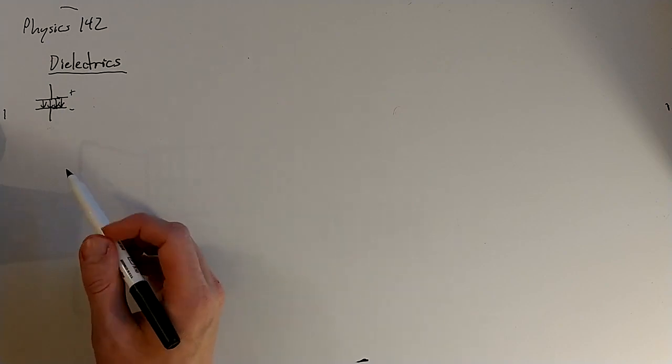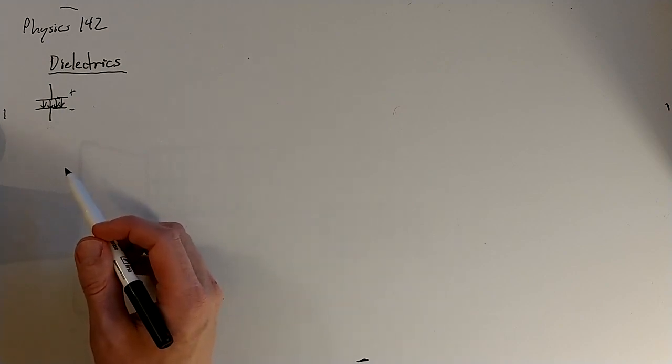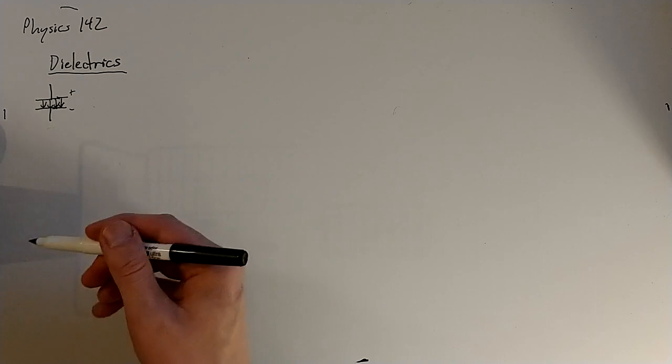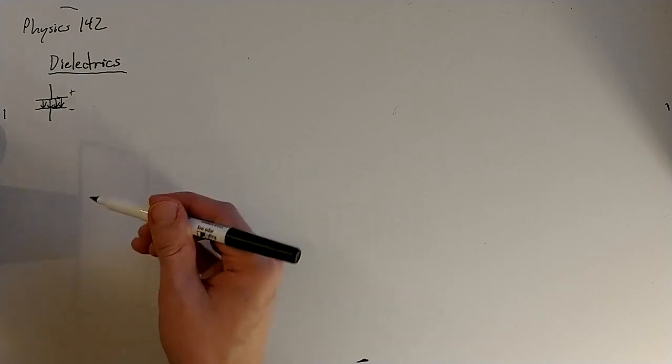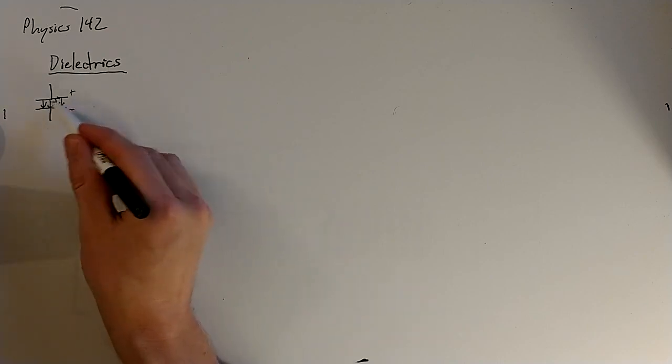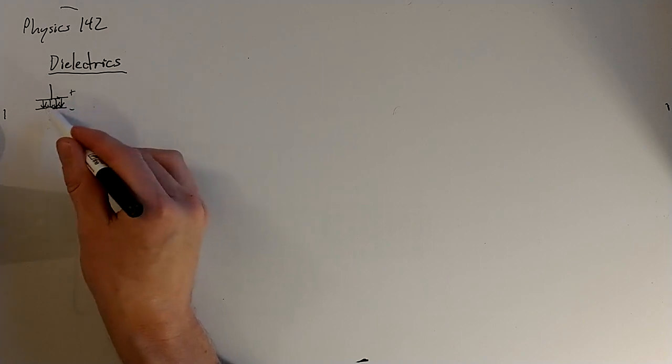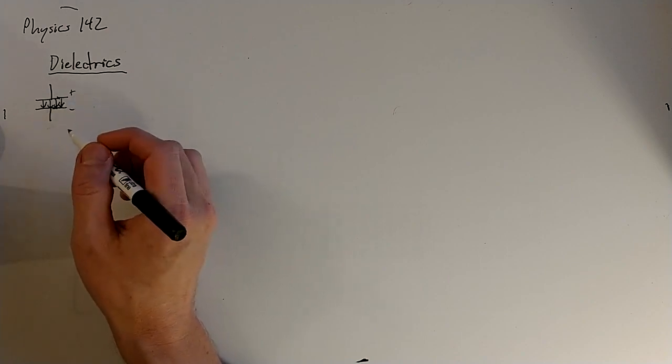And the way to prevent dielectric breakdown, or make it happen only after having more charge, is to put insulating material in between these two plates.